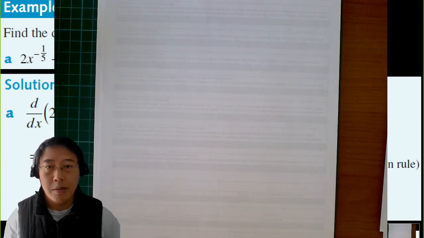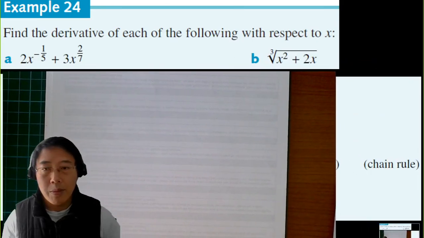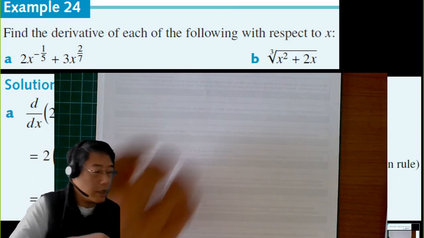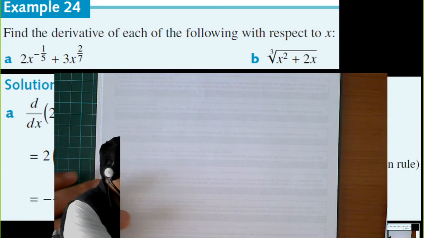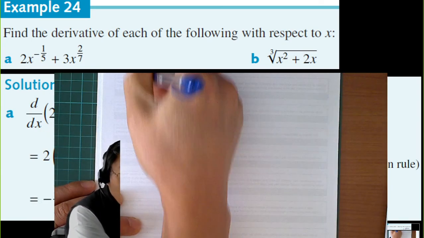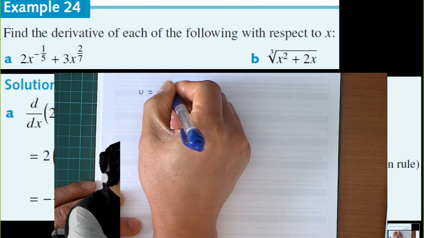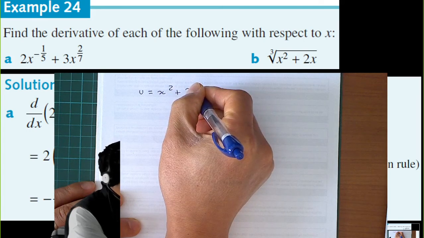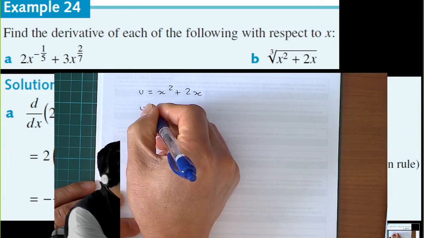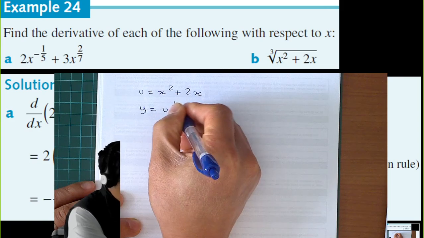So here, I'm going to call u is x squared plus 2x, and y is just going to be u to the power of 1 over 3, or the cubic root.